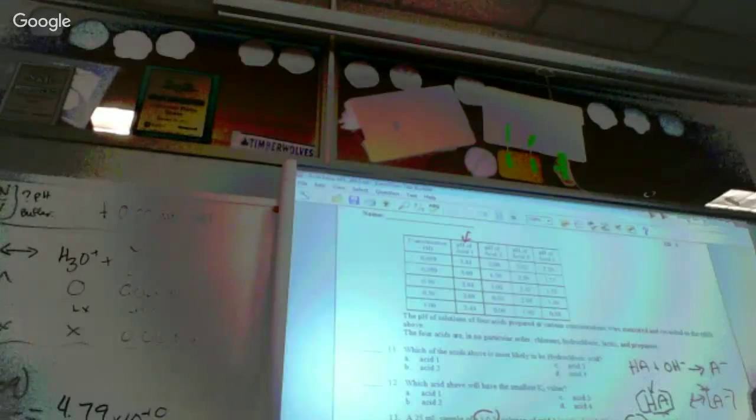So that's why C is the right answer. The pH of your mixture stays about the same because the conjugate base of acid 1 is present, and it's going to react with that extra H+. That A- is going to get turned back into HA. And we're only talking about a few drops, so you're not going to see a very large change.